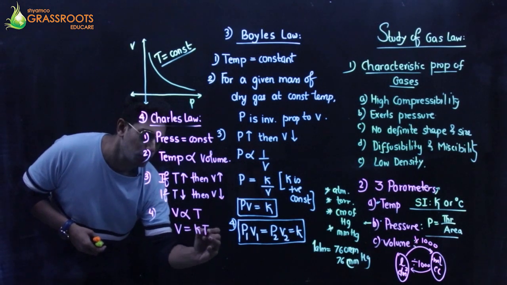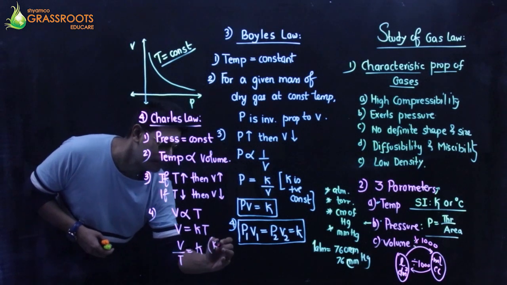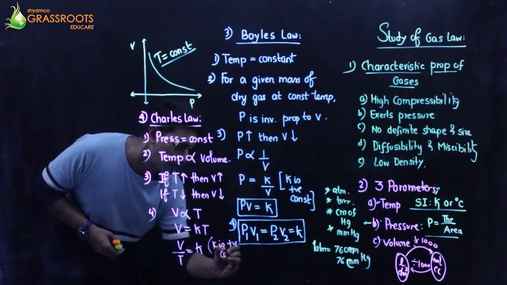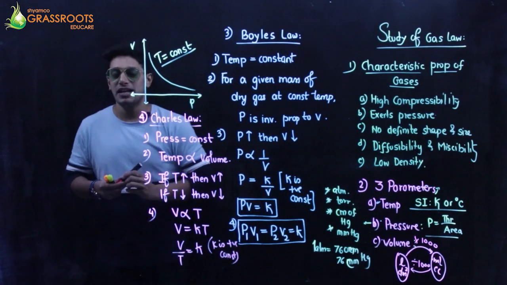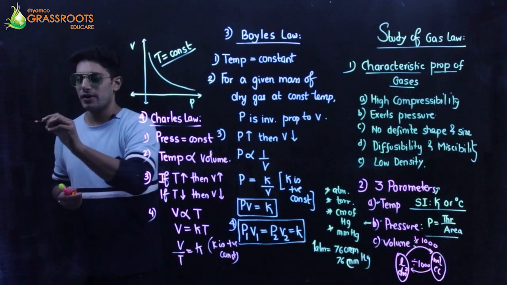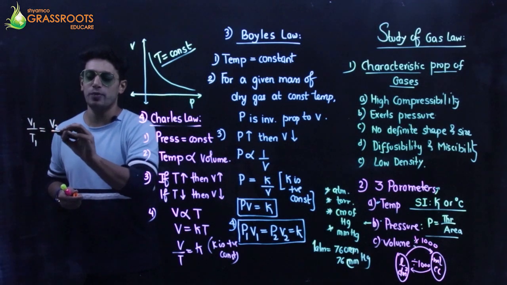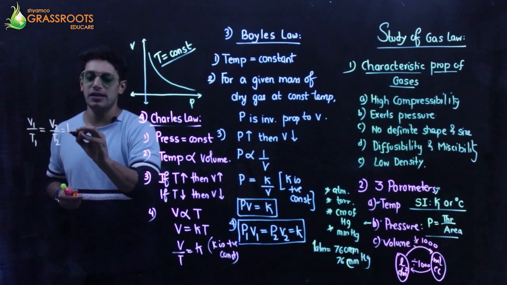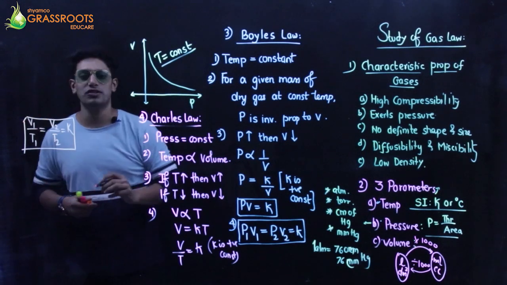When you convert the proportionality to equality, we put a K, a constant. K is a positive constant. So V upon T is equal to K. If I'm talking about two cases, we get V1 upon T1 is equal to V2 upon T2 is equal to K. And these are the conditions for Charles' law.